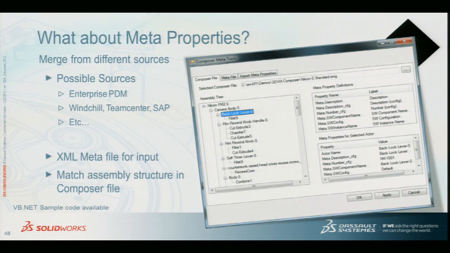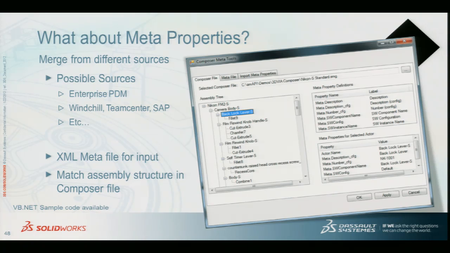Now, a completely separate tool, one that I've written, one that I find a lot of our customers have desires for, is the ability to take meta properties and push meta properties into their Composer files. Now, sources of meta properties are not just the custom properties in your SolidWorks models, but it may be coming from EPDM.